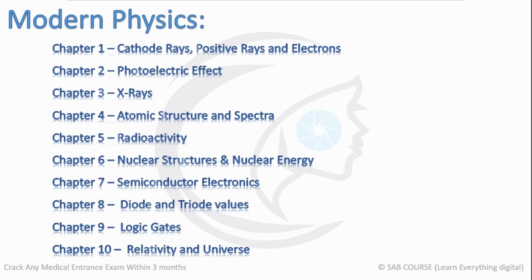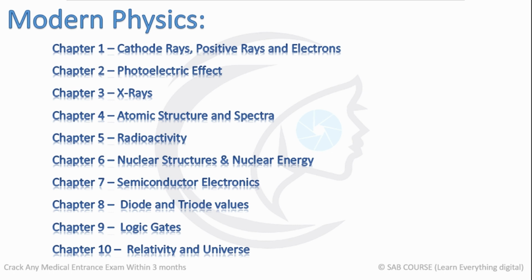It has altogether 10 chapters, and the first one is cathode rays, positive rays and electron, and then we'll respectively learn the following chapters: photoelectric effect, X-ray, atomic structure and spectra, radioactivity, nuclear structure and nuclear energy, semiconductor electronics, diodes and triodes, logic gates, and relativity and universe.